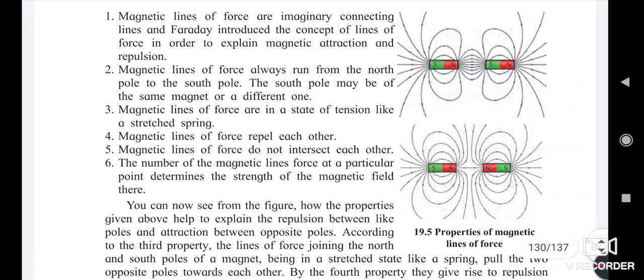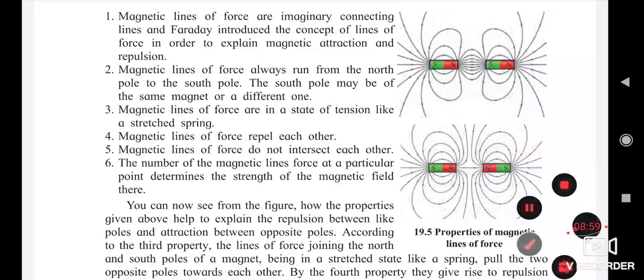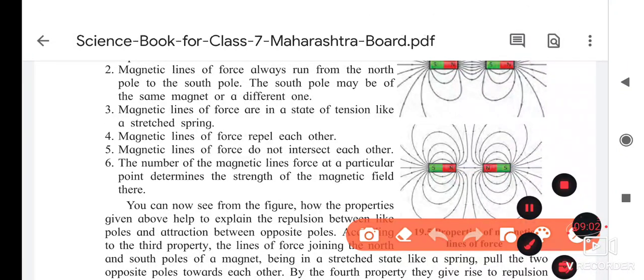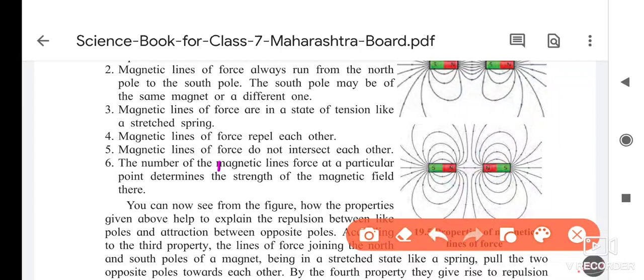You can see from the figure how the properties given above help to explain the repulsion between like poles and attraction between opposite poles. Here we see opposite poles attract each other, with the number of lines increased.